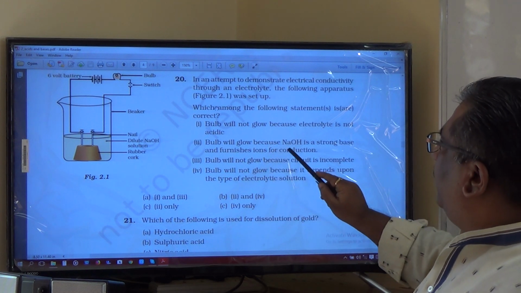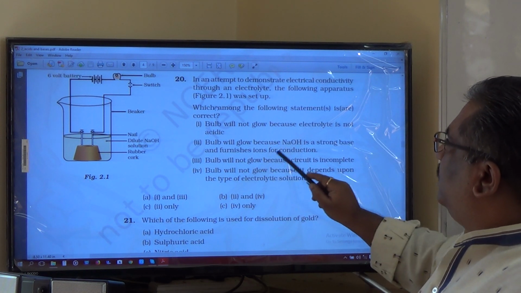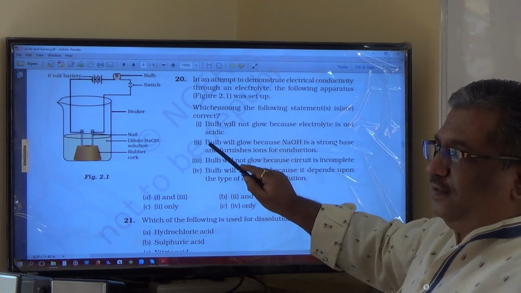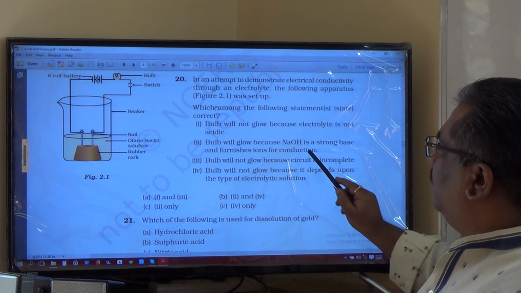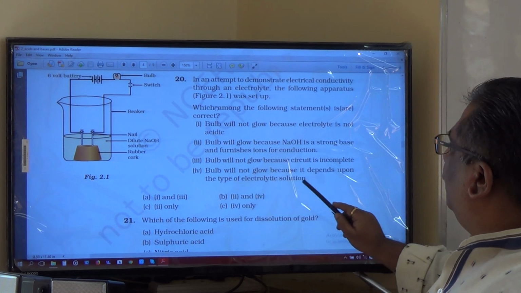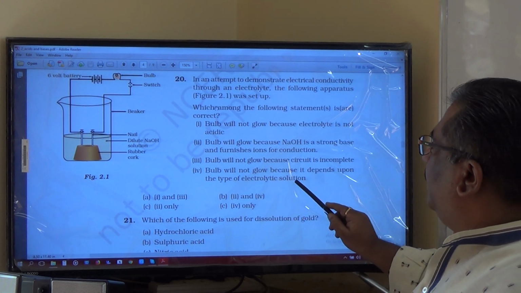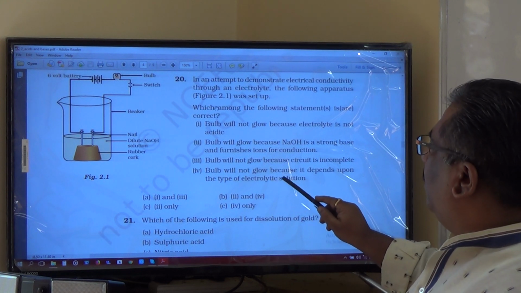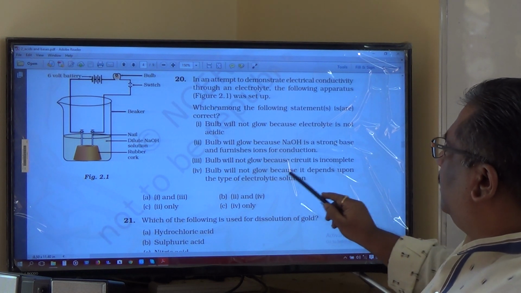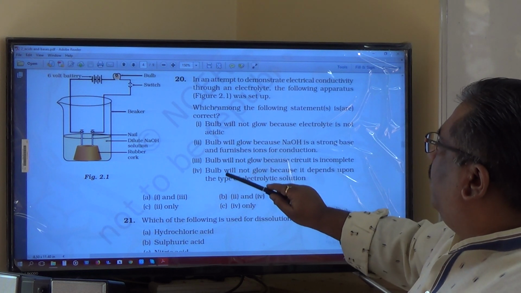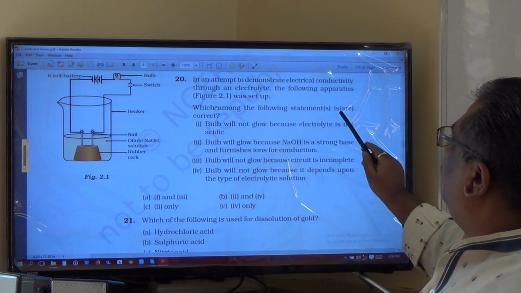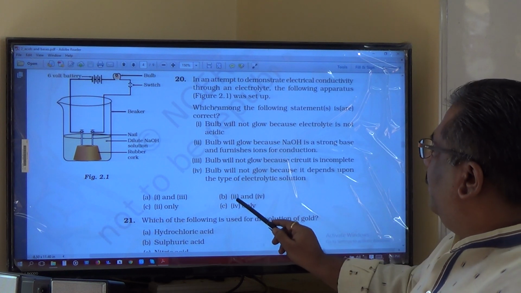Bulb will glow because NaOH is a strong base and furnishes ions for conduction. Right, it is the correct answer. Bulb will not glow because circuit is incomplete. Wrong. Bulb will not glow because it depends upon the type of electrolytic solution. So 2 and 4 are correct.